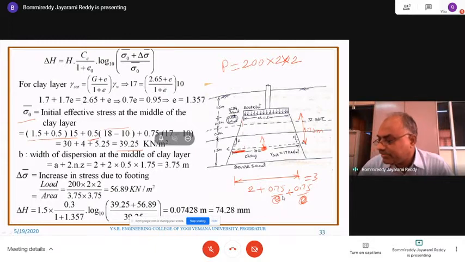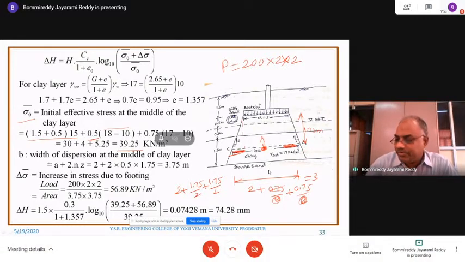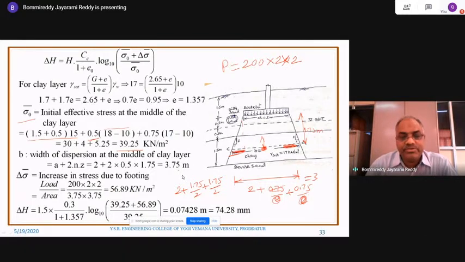What is the total vertical distance? Total vertical distance will be 0.75, 0.5, 0.5, that is 1.75, not 0.75. So it will be 2 plus 1.75 by 2, because this side 1.75 and that side also 1.75. At the center it is 2 meters. So total is 3.75. The width of the dispersion at the middle of the clay layer is 3.75.